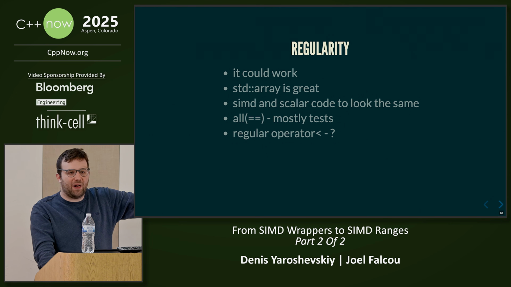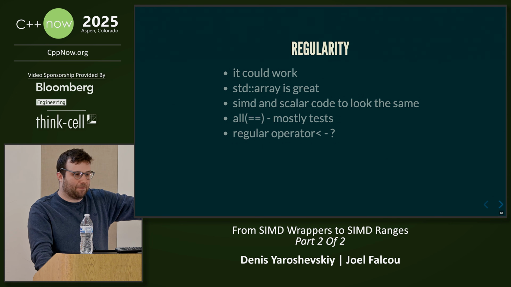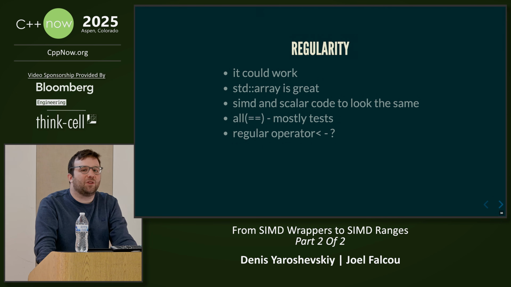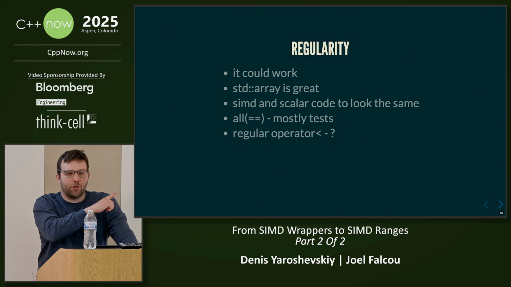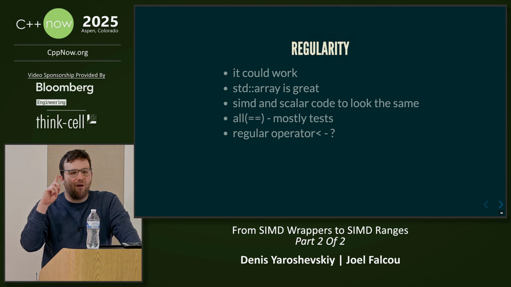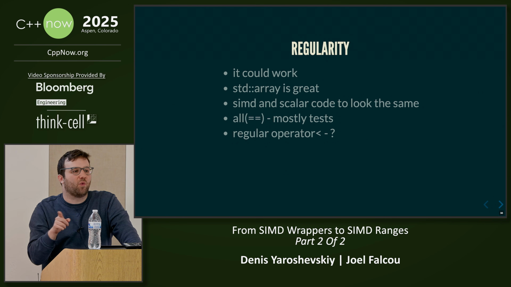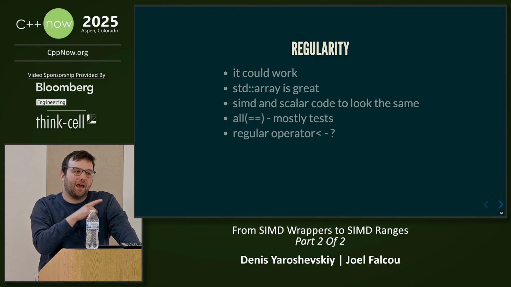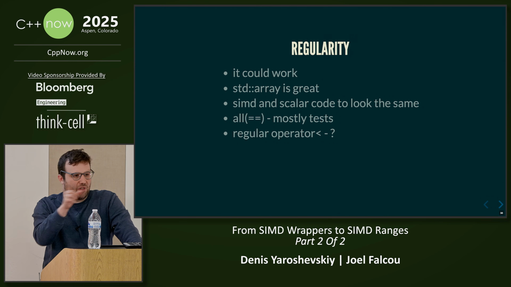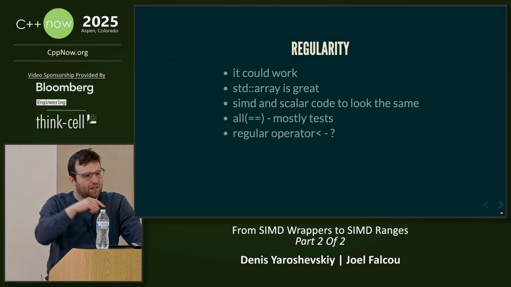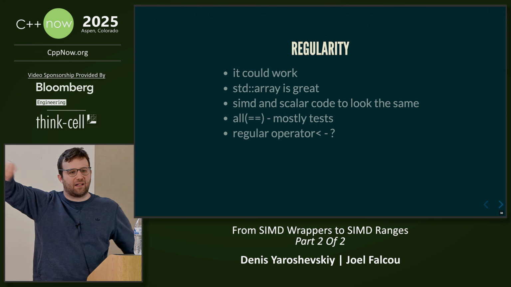What about the operator less? What about the comparison? I have no use cases in Eve. I have one use case in production where I needed something like that. I was comparing prefixes of strings, and so operator less would do lexicographical comparisons.